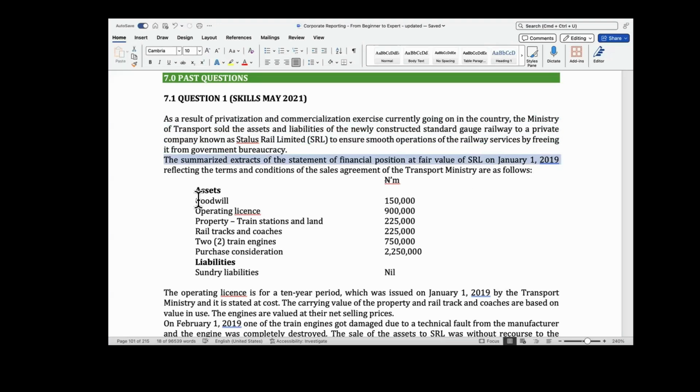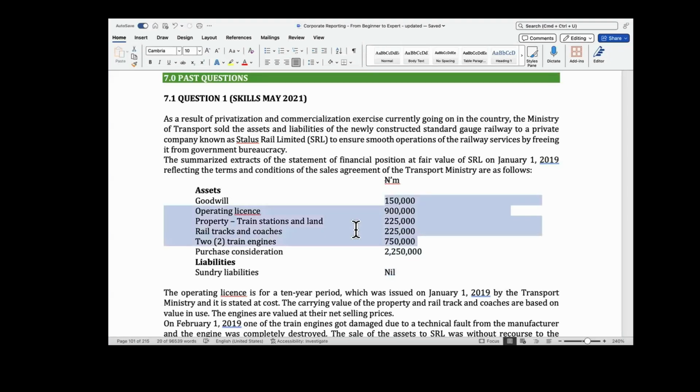So now this is the assets and liabilities of that railway station. Since Talos has bought it, it becomes the asset of Talos. These are the assets, goodwill, and all of that. The purchase consideration is the addition of all of this. This will have been the amount Talos paid to the government.